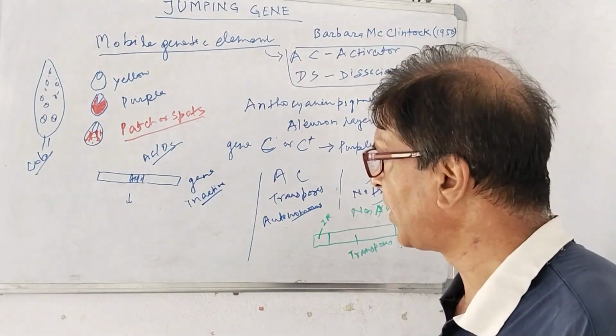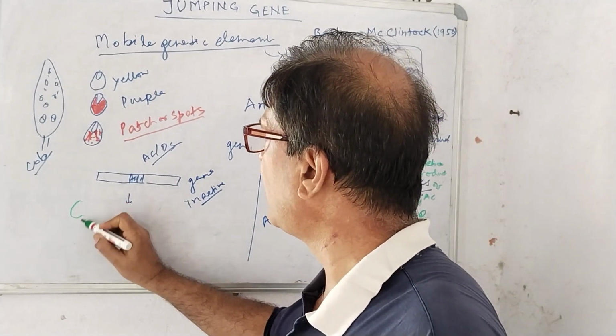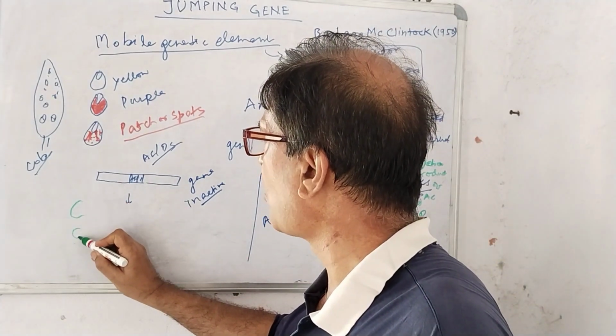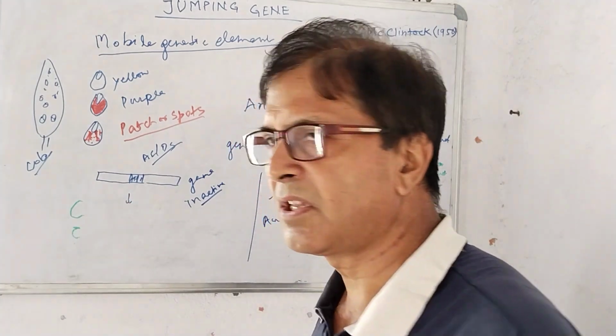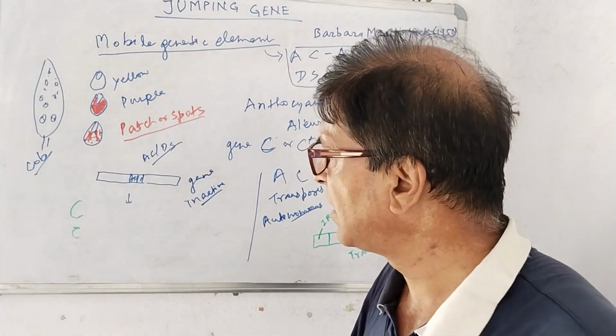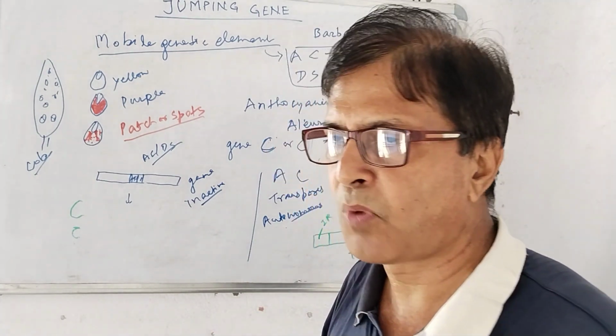AC for its movement. Here is the C gene, capital C and small c. Capital C is the dominant gene, and capital C, small c is the heterozygous condition.